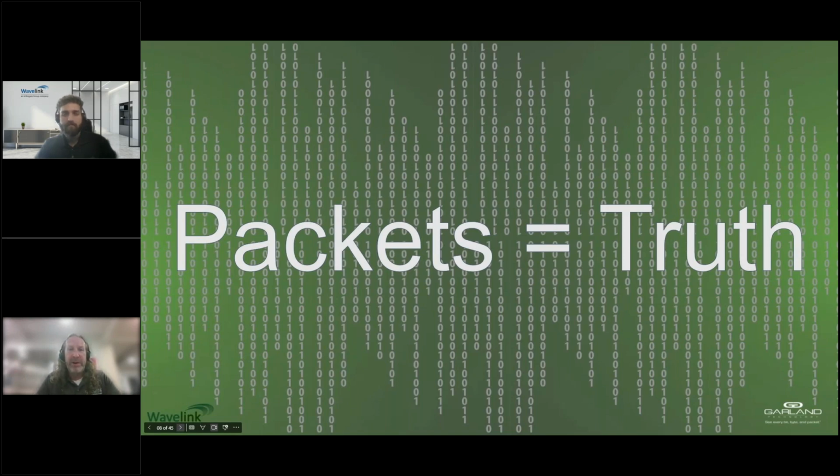When you start looking at deploying security tools, it's the same concept. If I call my doctor and have a bad connection, and they only hear half of what I'm talking about, it's going to be tough for them to diagnose what's wrong with me. Same thing when you're deploying your security tools. If you're not getting this packet level data, it's difficult for the security tools to do their job.